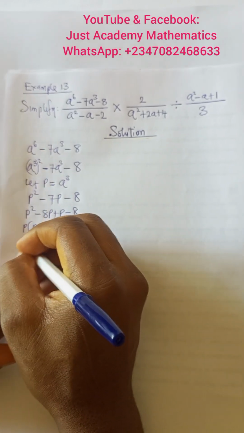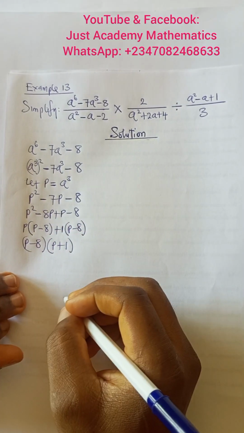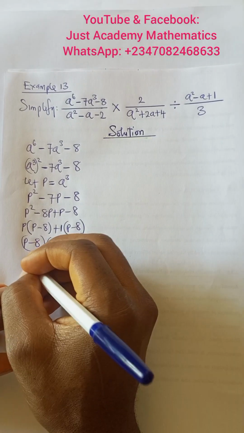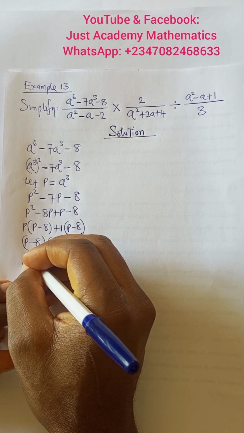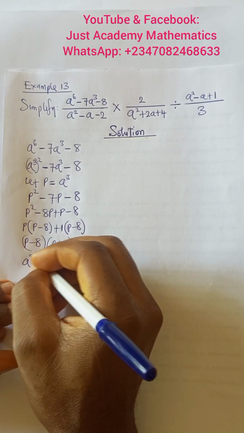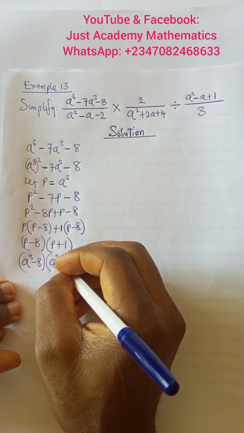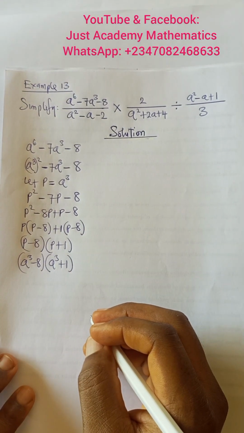So p minus 8 is times p plus 1. If we put back the value, anywhere we see p, we put a^3: a^3 minus 8 times a^3 plus 1. Can you see? This is where the work is.